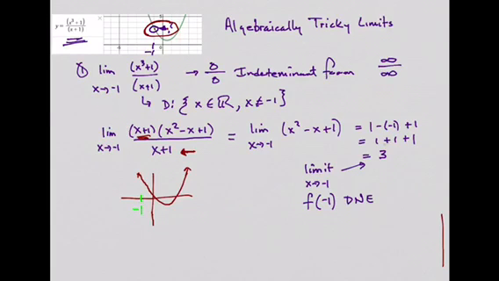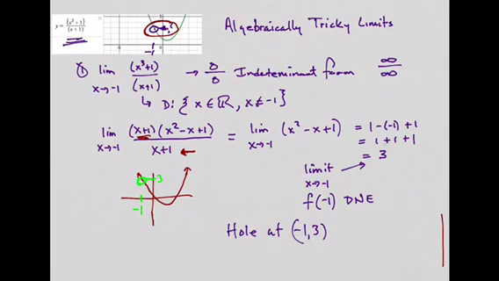At -1, there's a hole, and that hole's y value is 3, at the point (-1, 3).